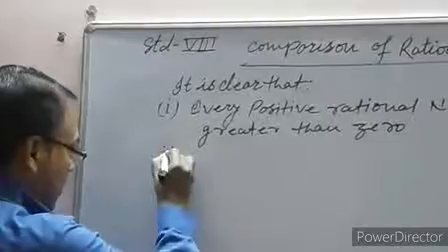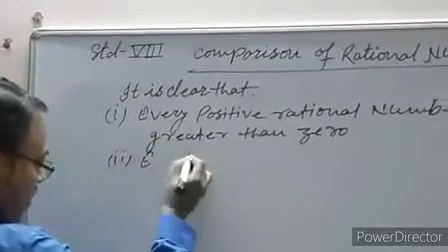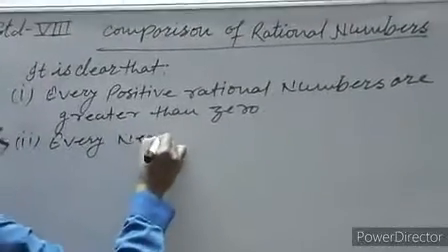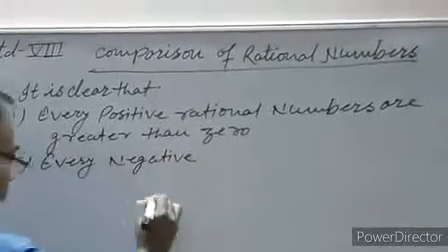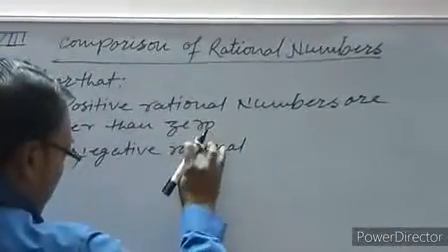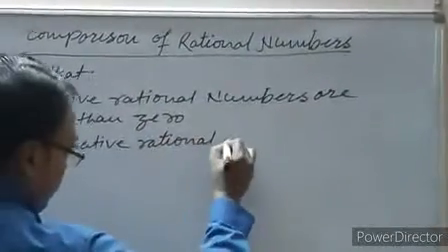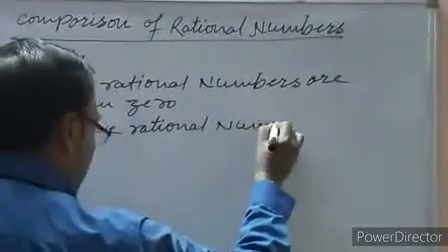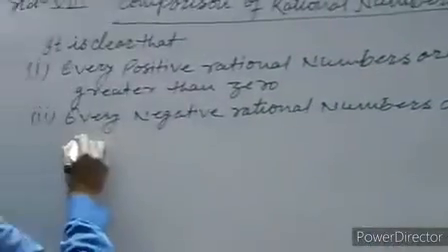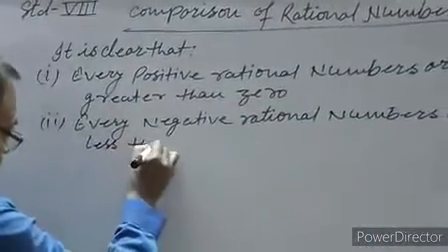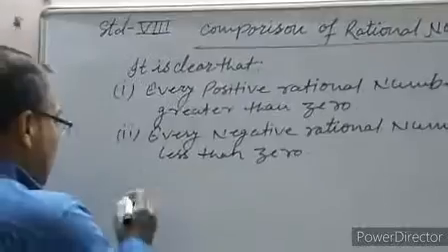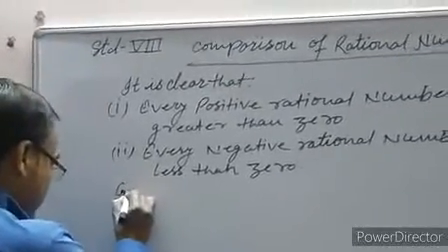And the second point is similar to this: every negative rational number is less than 0.